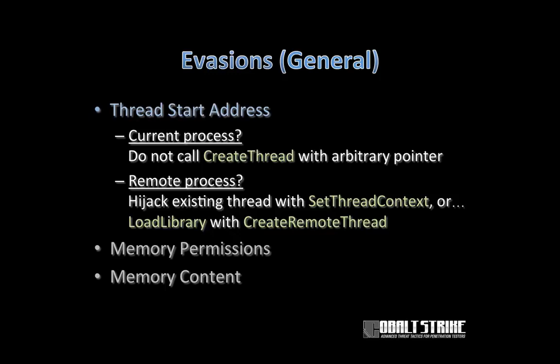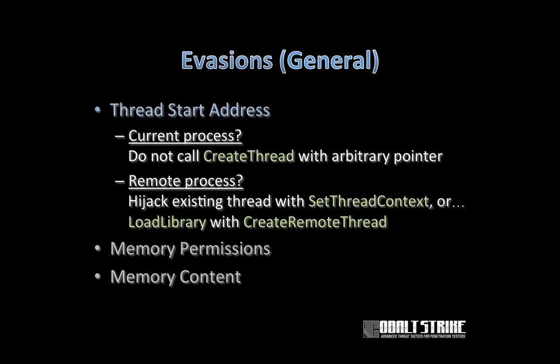If you control the current process, it is your program, your executable, your DLL. Do not call create thread with an arbitrary pointer. Offensive programs in many places call virtual alloc with liberal permissions.